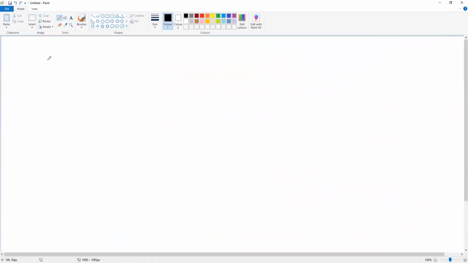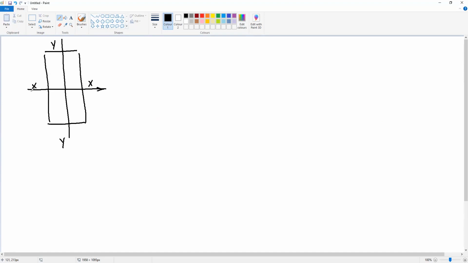Okay. So now, if we have a look here again, this is our cross section. This is the x-axis and this is the y-axis. And this is the centroid.